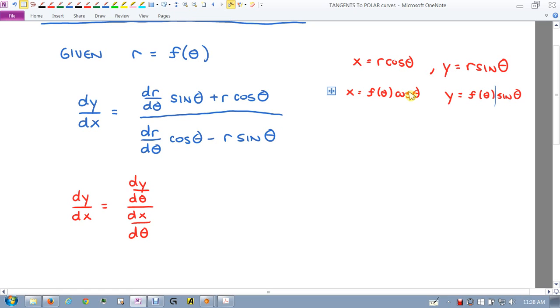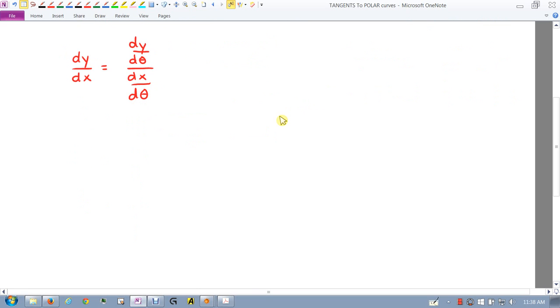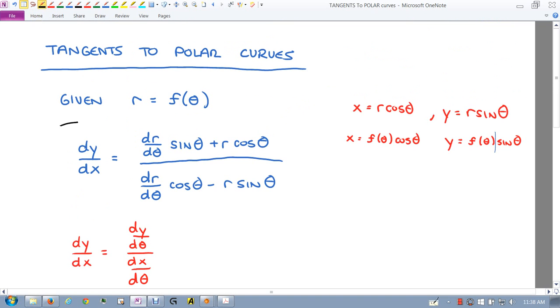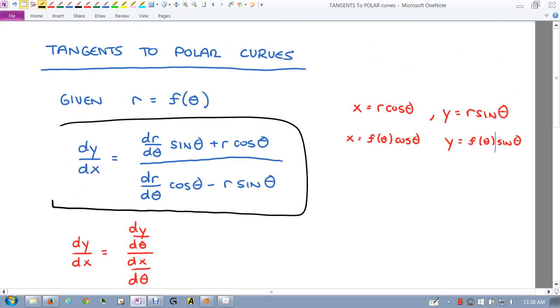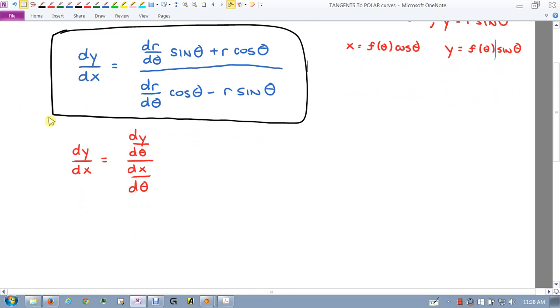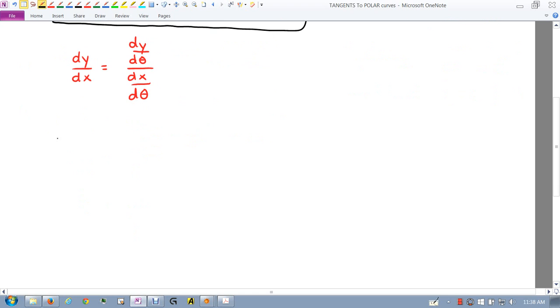Let's see if we can actually do an example. This is what you need to know. So as an example, if we take this thing called a cardioid, which is 1 plus sine theta, I think we graphed that just a second ago, didn't we?